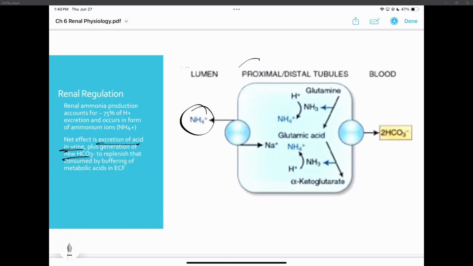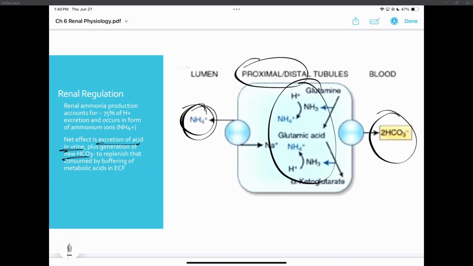So again, we're in the proximal and distal tubules here with regards to nitrogen, NH4, ammonia. Okay? Don't worry about everything in the middle. Just everything happens magically. Just know when we put an ammonia into the lumen, we're going to create more bicarb. Again, it's a way to create more bicarb.